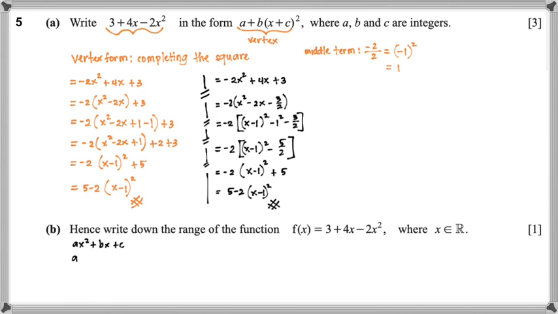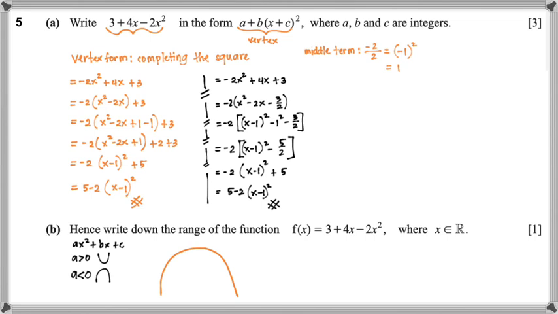When a is greater than 0, the graph opens upwards. When a is less than 0, the graph opens downwards. And in this case, the value of a is negative 2, which is less than 0. So we expect that the graph opens downwards. Okay?